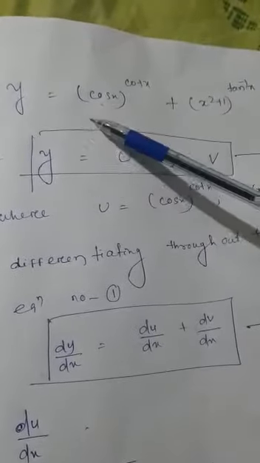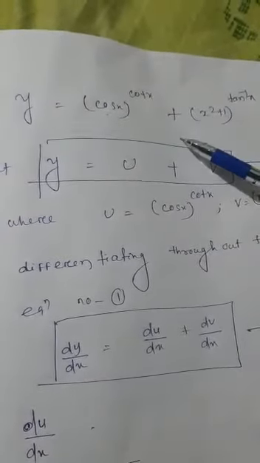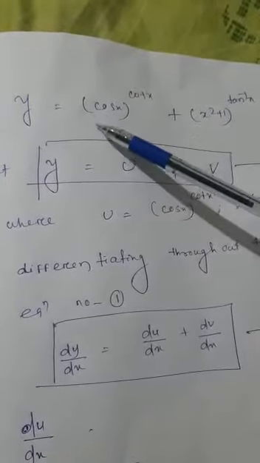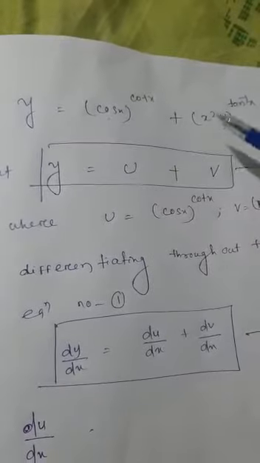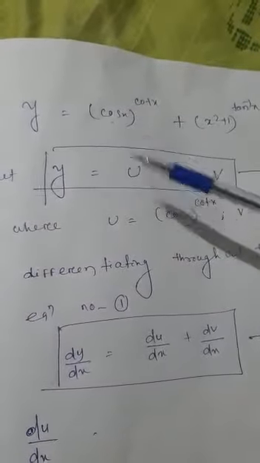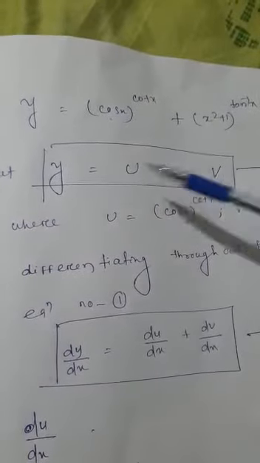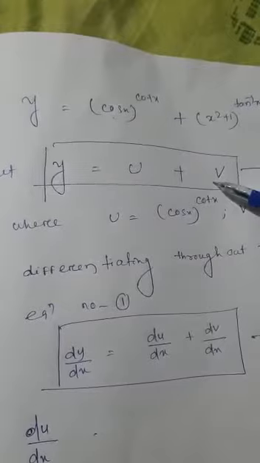See, to these types of problems we cannot apply log on both sides. Why? Because there is no such formula for log of m plus n. So we cannot apply log on both sides. We have to individually take u and v. Now the question reduces into y equal to u plus v.